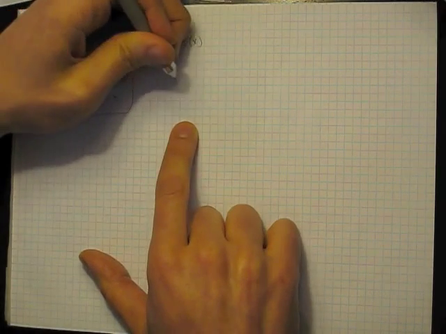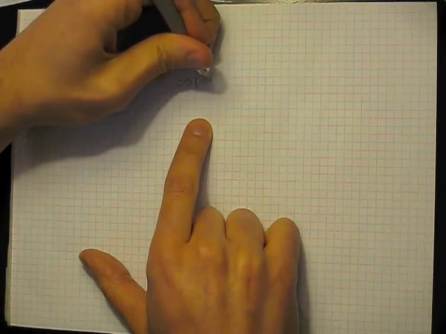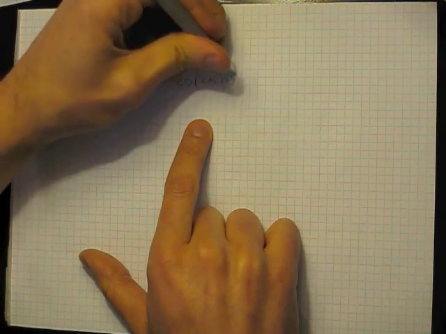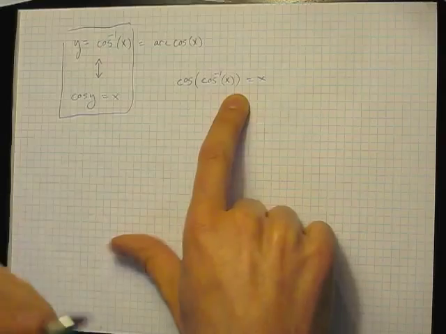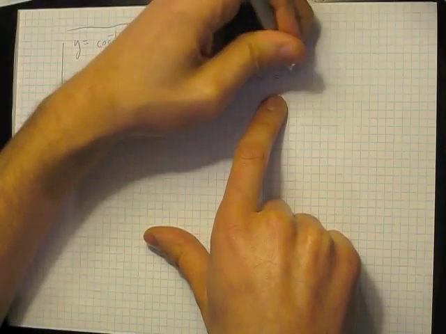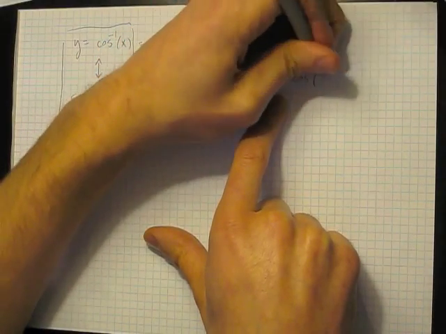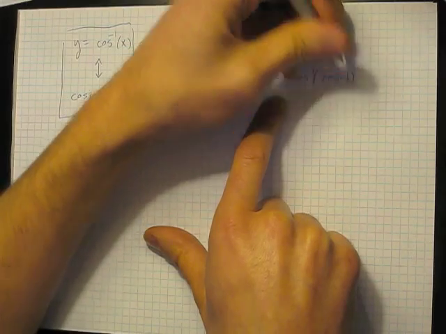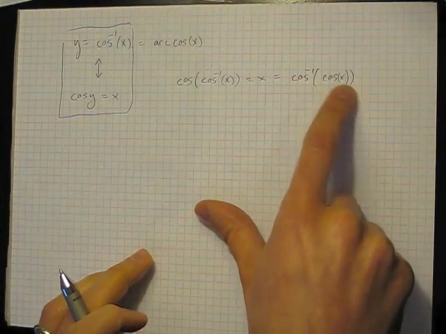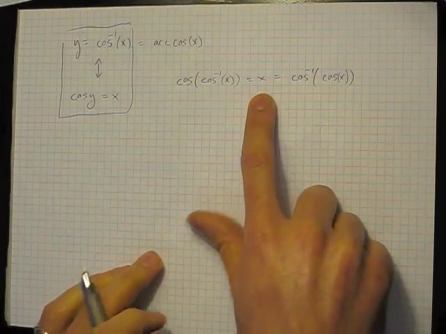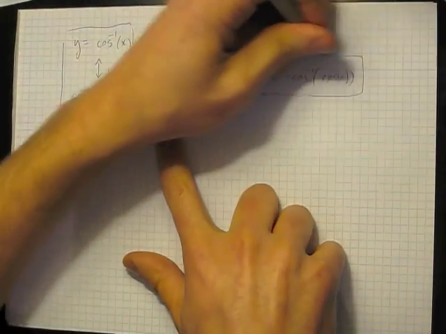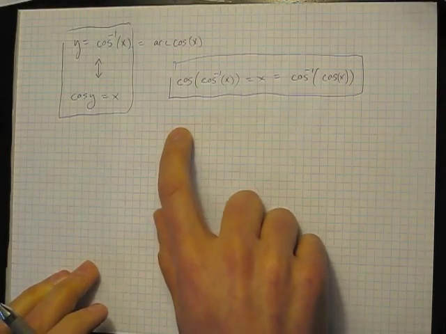Again, if you have cosine inverse of x, then these two functions undo each other, so you get x back. And if you have cosine inverse of cosine of x, then these two functions also undo each other. Cosine and cosine inverse undo each other. So this is the inverse relationship between the two of them.